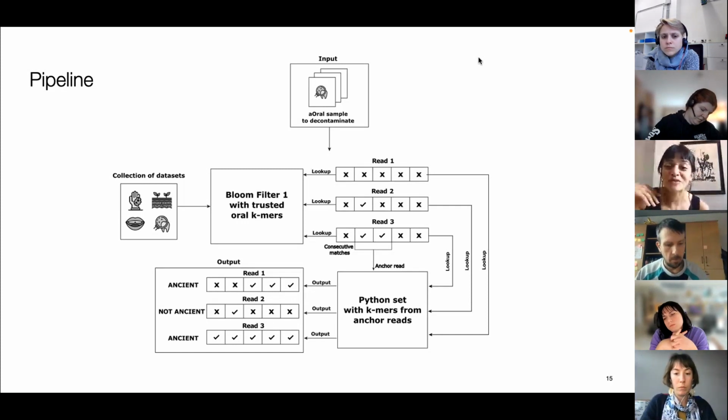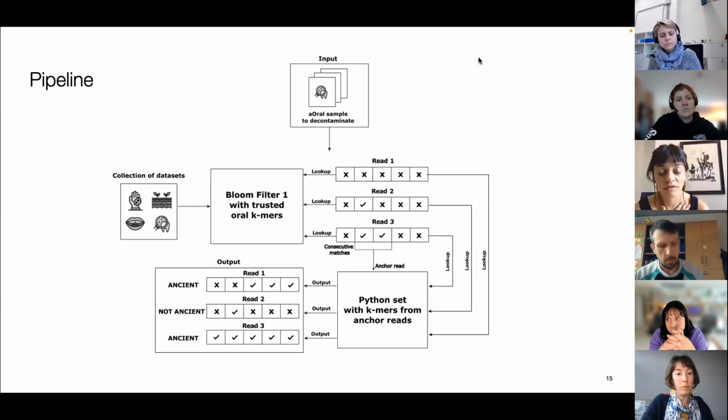It was supposed to be a Bloom filter too, but due to time restrictions, because we had to send the paper, it was faster and easier to use a Python set. But that's something we want to do in the future, so that the second round of lookups is done as a Bloom filter.